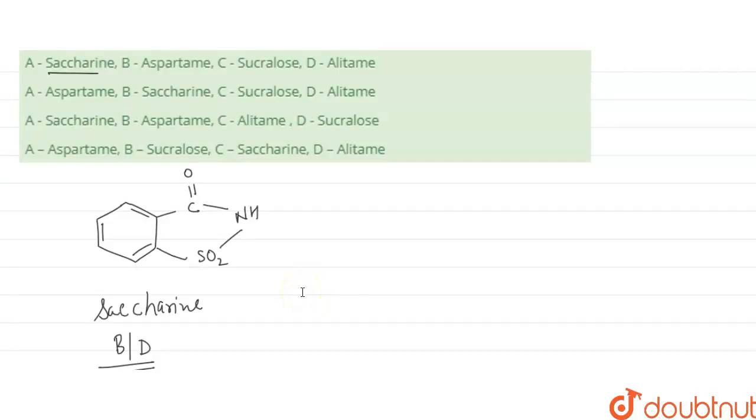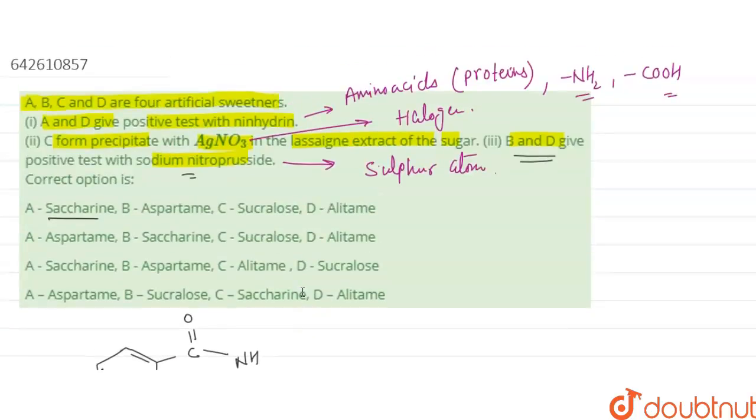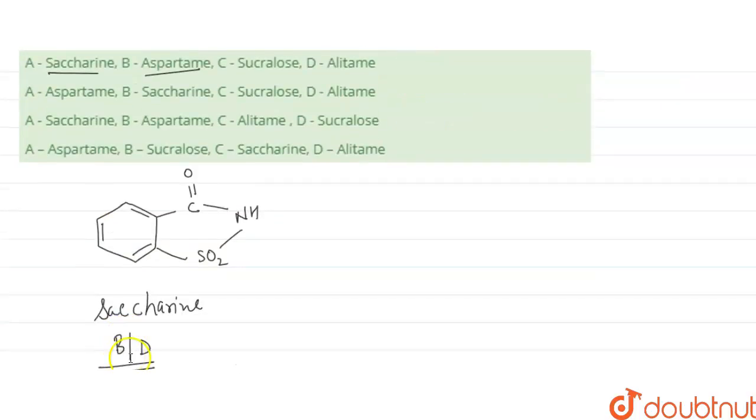Now coming to B, that is aspartame. What is the structure of aspartame? So let us draw the structure of aspartame.